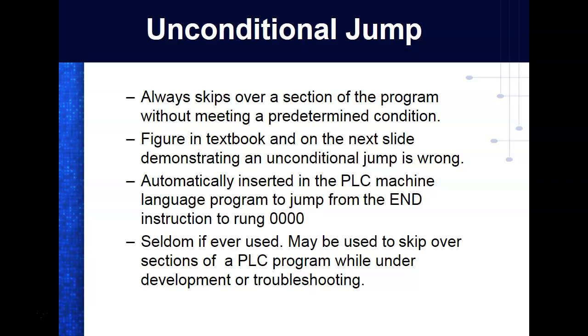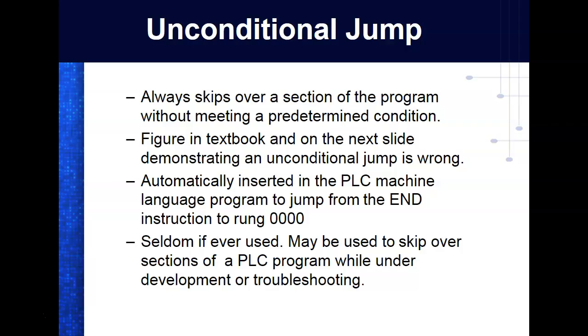That makes sense. Good point. So we've said unconditional jumps are seldom used because they always occur, no matter what. If I have some type of input instruction on the left-hand side, that is not an unconditional jump, because if I say a switch has to be closed, then a condition has to be met, right? You understand what I'm saying? Yes or no?